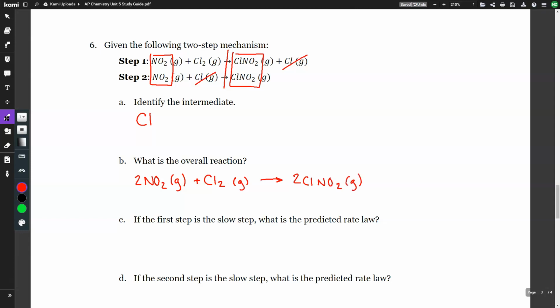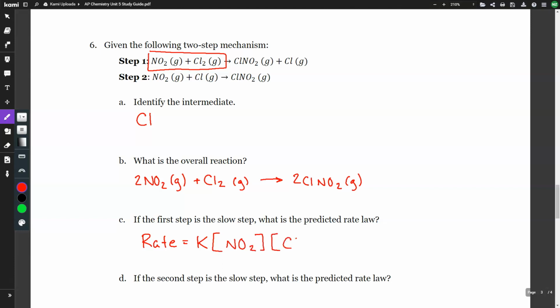Okay, if the first step is the slow step, what is the rate law? So it doesn't tell us what the fast and the slow step are. So let's just assume that the first step is the slow step. So if we do that, we're just going to write out the rate law for our reactants, which are right here. So it'll be rate equals K, and then we have NO2, and then Cl2.